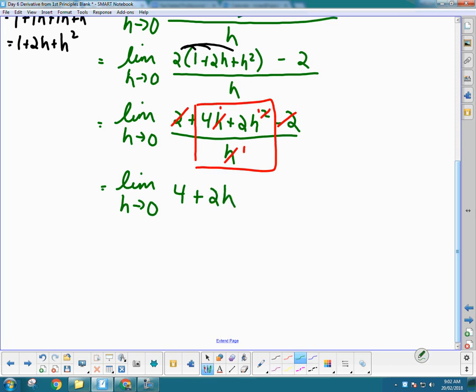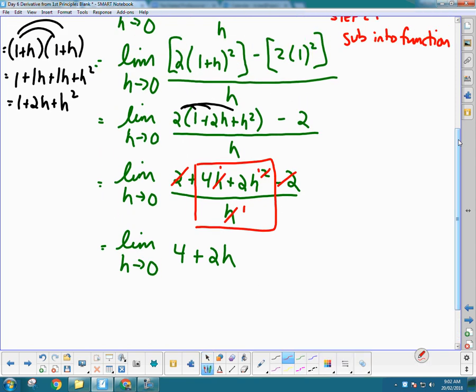And now I'll ask, can I take the limit at this point? Can I sub in h equals 0? And yes. Okay? So I should keep up with my steps, sorry. Step 3 was to expand, so we did all the expanding. Step 4, simplify.